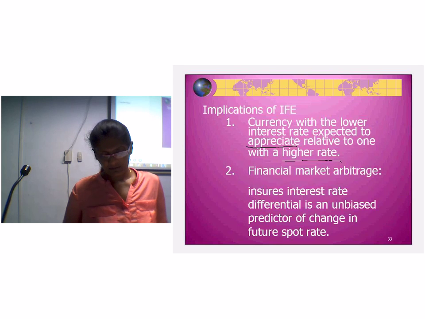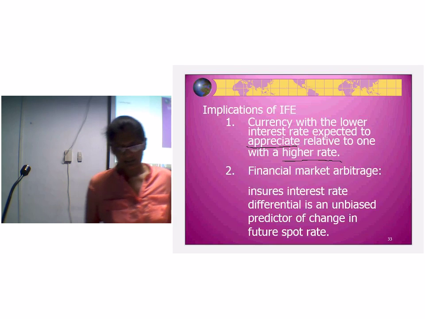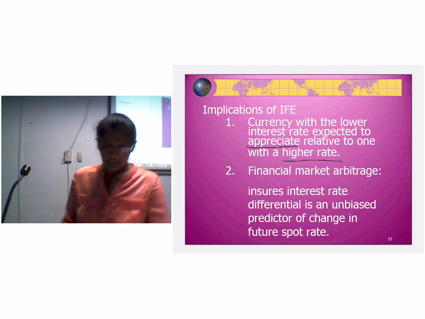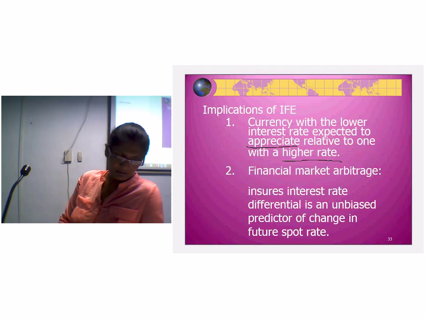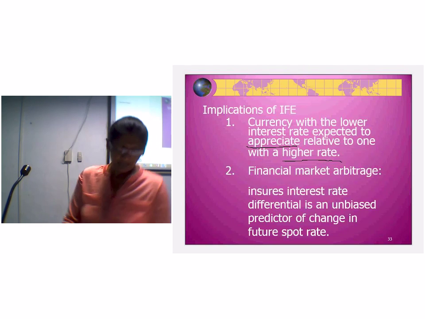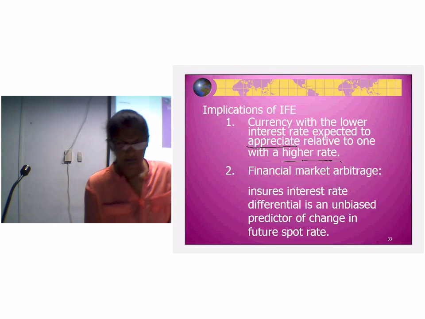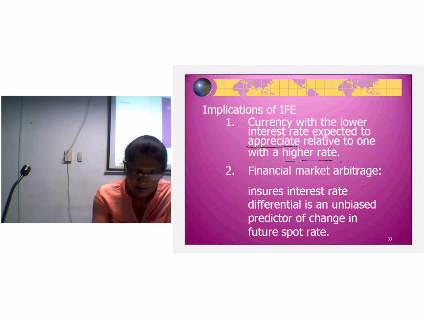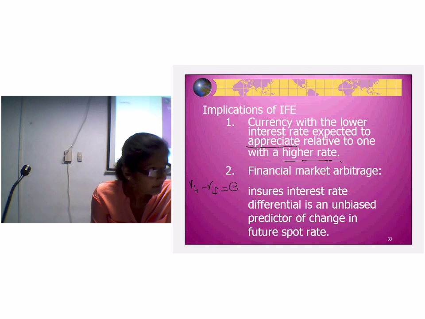Financial market arbitrage ensures the interest rate differential is an unbiased predictor of change in future spot rate, right? Here, by using the international Fisher effect equation, we can understand this. We have RH minus RF equal to E1 minus E0 divided by E0, right?